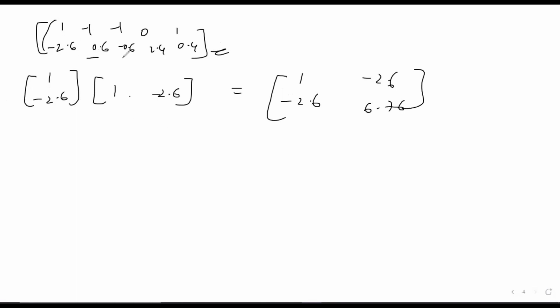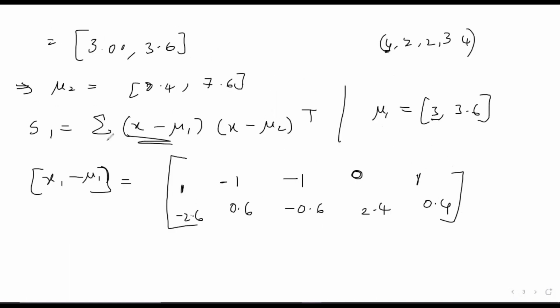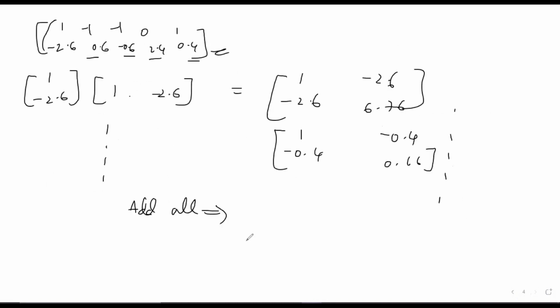In such a way, we calculated for all of these values and we get different results: minus 0.4, 2.16, and so on for all the 5 results. And we add all of these results, because if you remember the formula, it is the sum of all of these values.